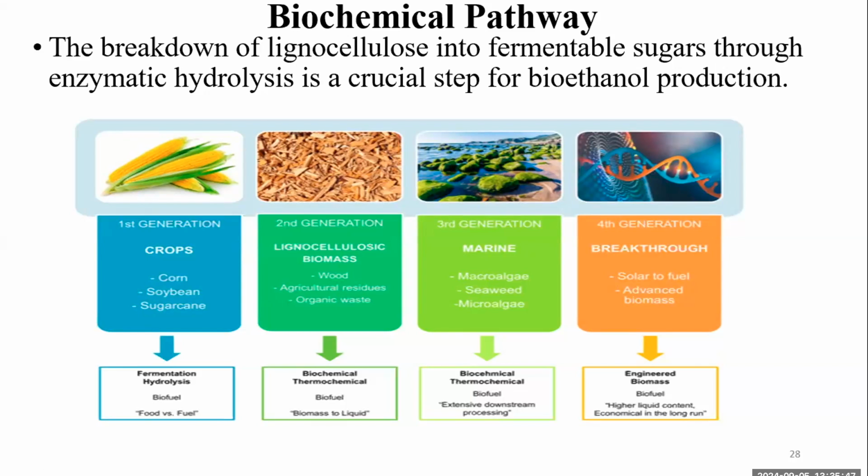So it's a better source of alternative energy compared to the first generation and second generation, which have some effect on the arable lands and the ecosystem around us. Then we also have the fourth generation, which depends on solar light energy and activation of biomass.